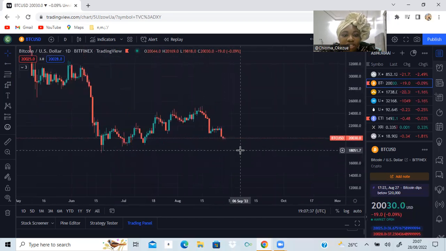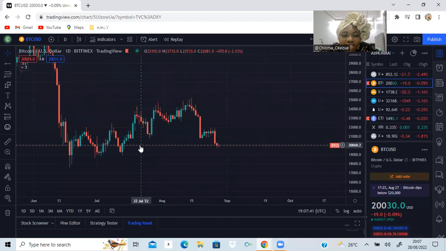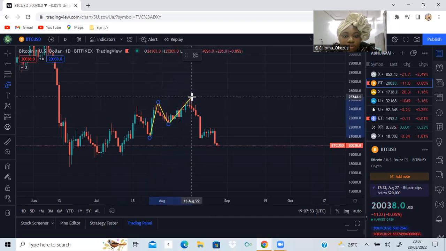I prefer even trading cryptos on the daily. Now we can see an M on the daily, right? We can see a beautiful M on the daily. Beautiful one. It already broke the neckline, so it doesn't matter.